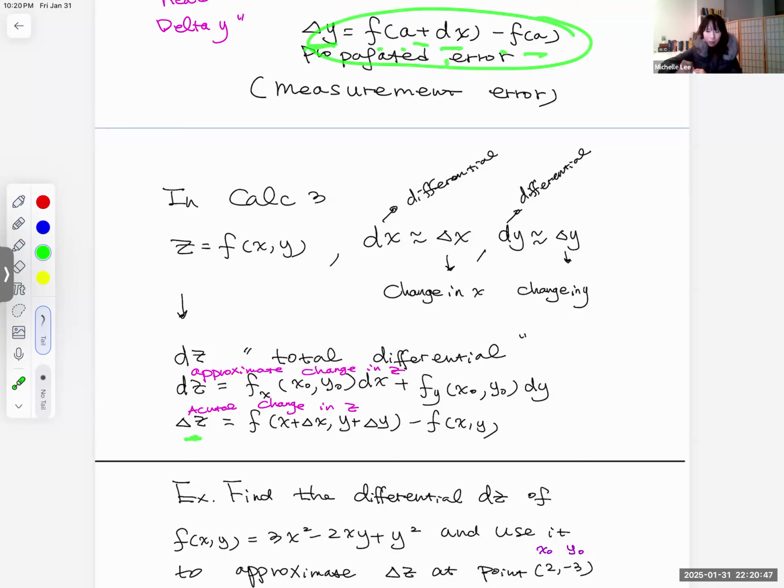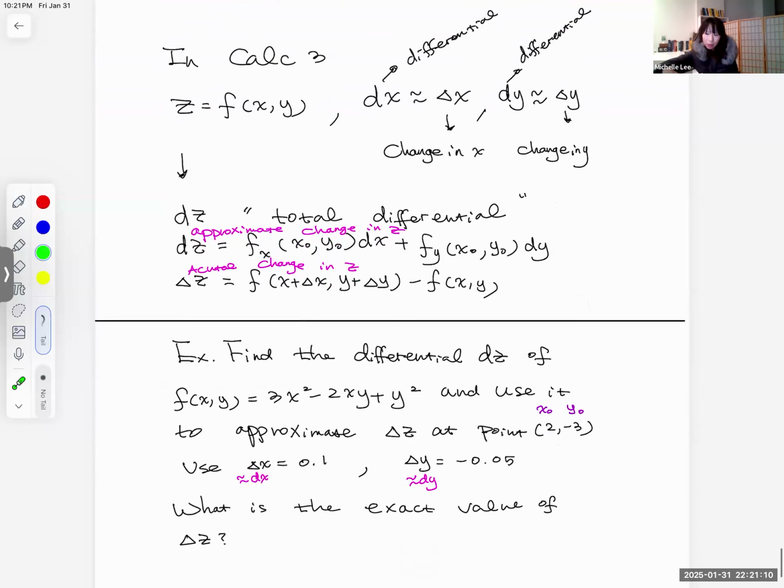So delta z equals f of x plus delta x, y plus delta y, minus f of x, y. Okay? All right, let's do this one.